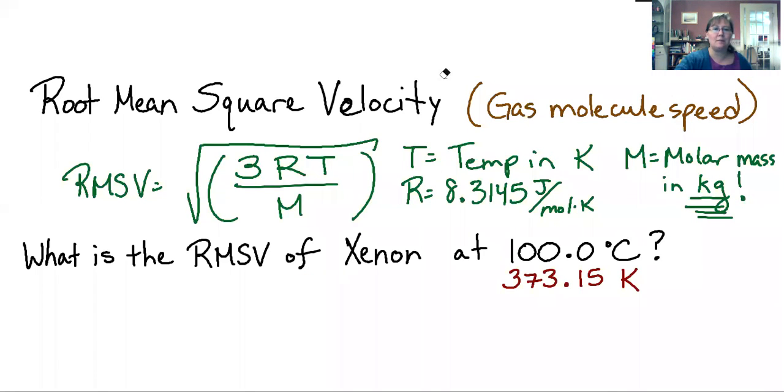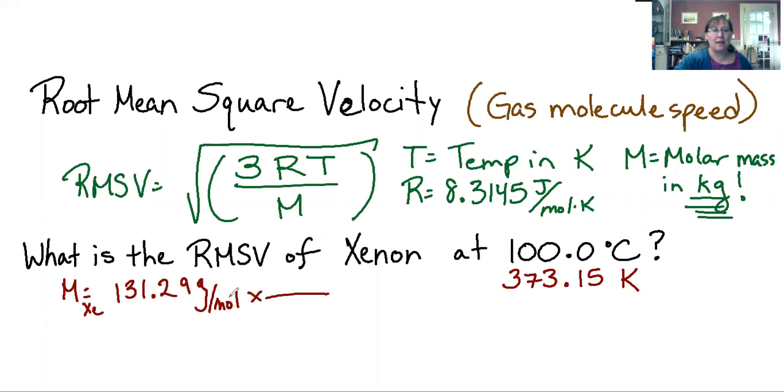And the next thing that I'm going to need here is the molar mass of my xenon. But that's actually going to be a little bit different. The molar mass of xenon, according to the periodic table, is 131.29, but that's grams per mole, and we need kilograms per mole.